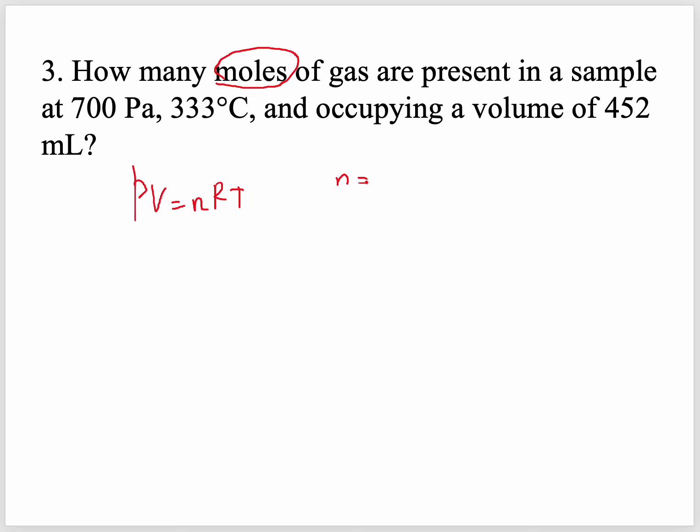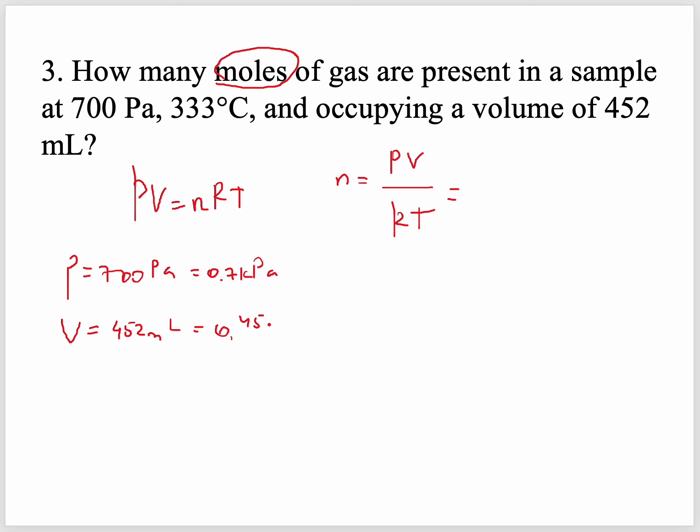Rearrange the formula: n = PV divided by RT. Pressure is 700 pascal, so 0.7 kilopascal. Volume is 452 milliliters, so 0.452 liters.